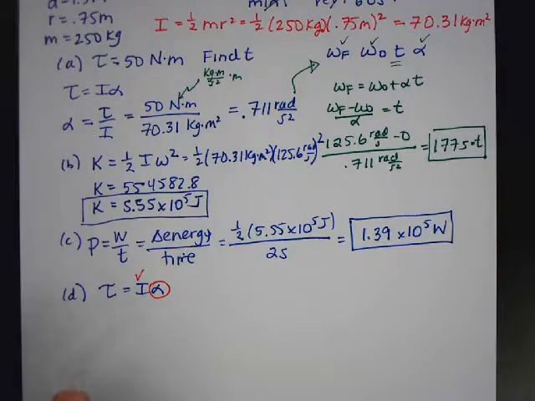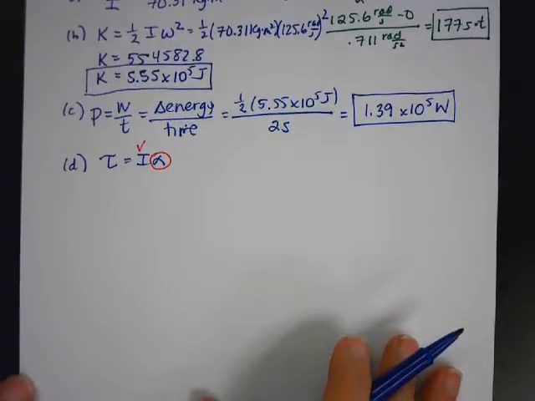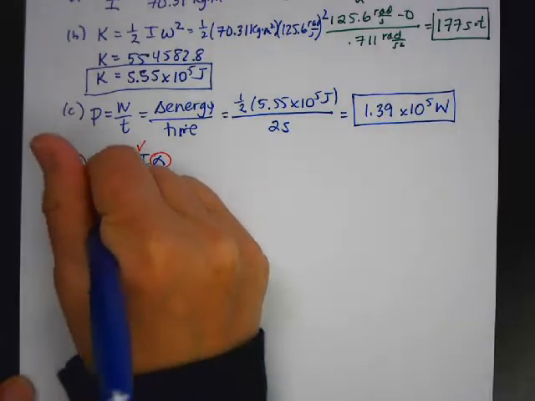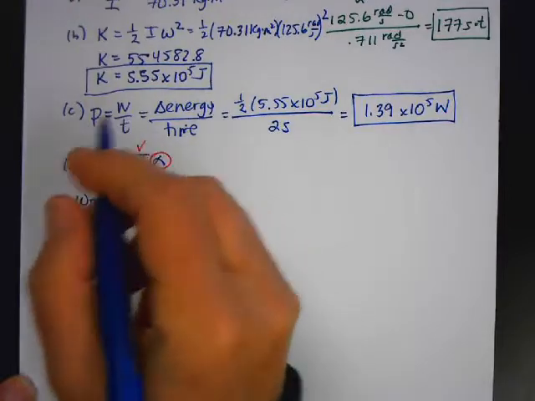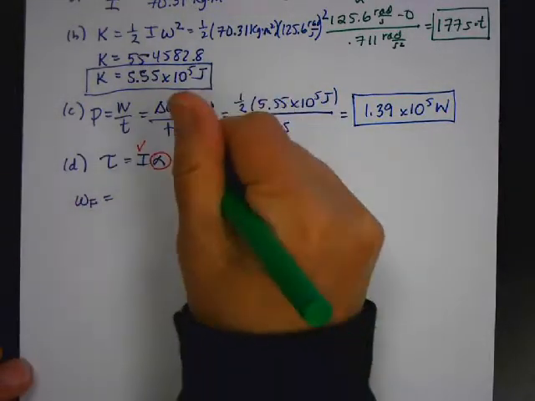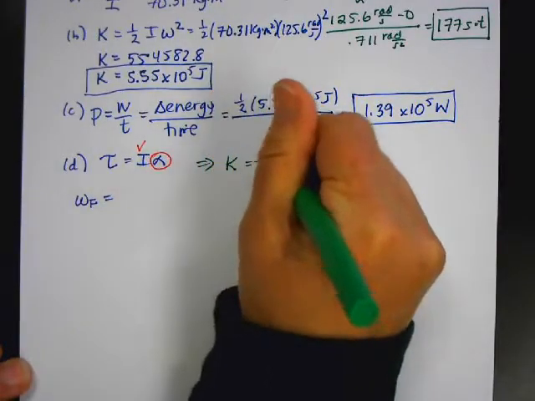omega. So what we have to do is, first, I'm going to find the omega. Let's go backwards. I know that kinetic energy is 1/2 I omega squared.